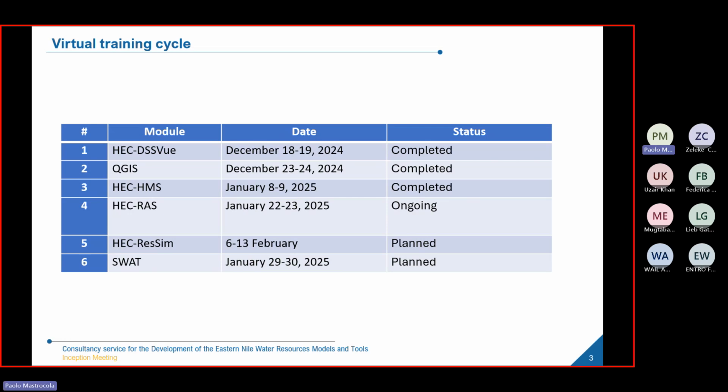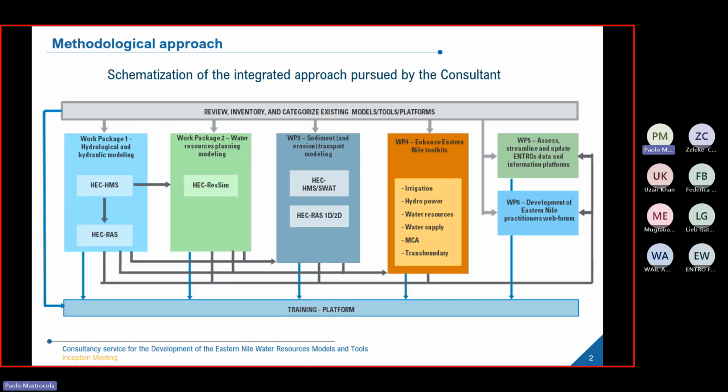So I would stop here, other than saying that all those software are kind of connected between each other. So we are basically building a chain of models that are using the results of one as an input for the other.